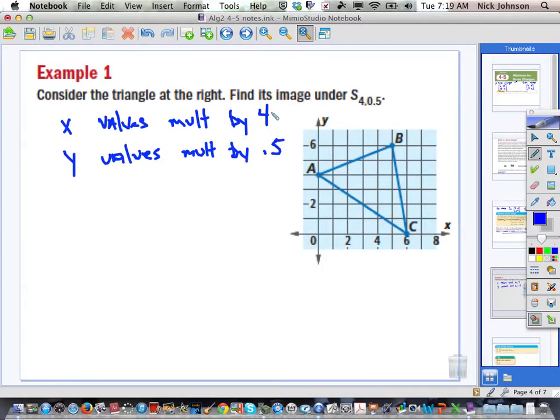So what happens here is we're stretching our x values, and we are shrinking our y values. So let's pick out some points here. Well, A is 0, comma, 2, 4.